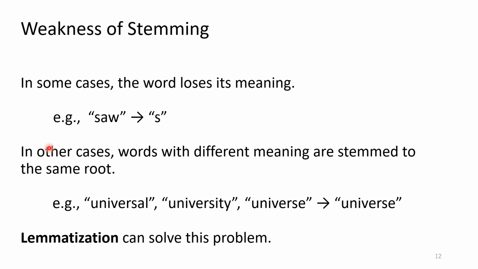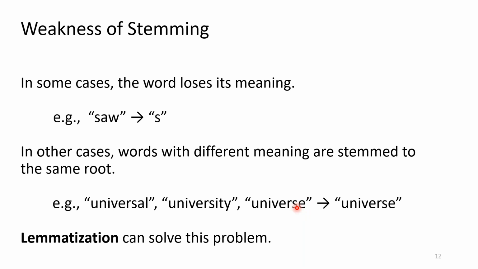Second, in some cases, stemming transforms words with different meanings into the same root word. For example, universal, university, and universe are different words and have different meanings, you know. But when we apply stemming to these words, here universal has the suffix al, university has ity, and universe has e as a suffix.